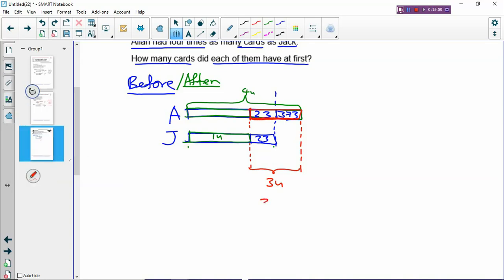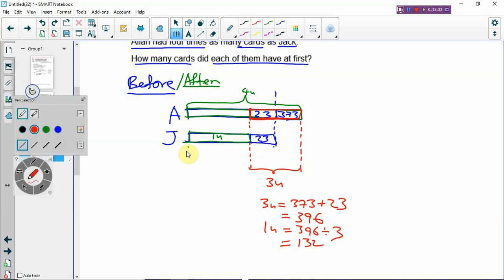So 3 units equal 373 plus 23, and what do you get? 396. Then you find 1 unit: 396 divided by 3, and you will get 132. So your 1 unit is 132. Can you find how many cards each of them had at first? Let me use a black color.